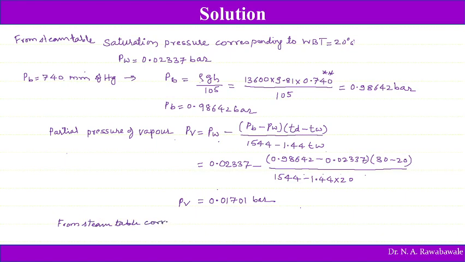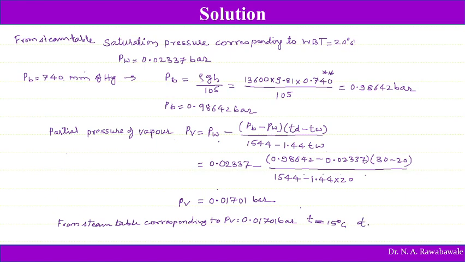corresponding to PV equal to 0.01701 bar, the temperature T is equal to 15 degrees Celsius, and this temperature is known as the dew point temperature.